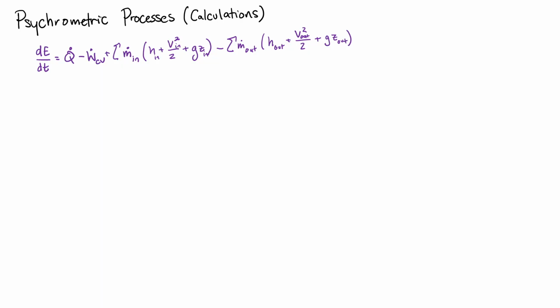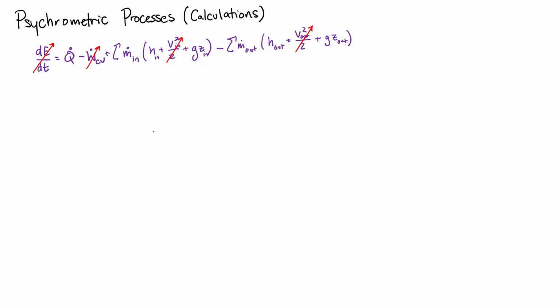Now with this, I've said that I have a steady flow, so I'm going to make the assumption that I've got no change in energy of the system. With our psychrometric processes, I don't have any work that we're going to be focusing on. We will have some where there's heat. We're also not going to be worried about any changes in velocity, so no kinetic energy changes.